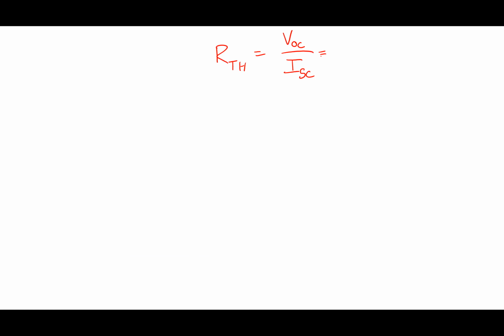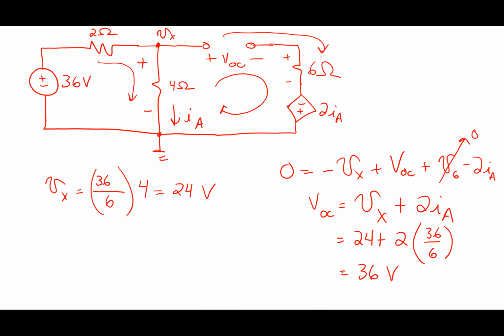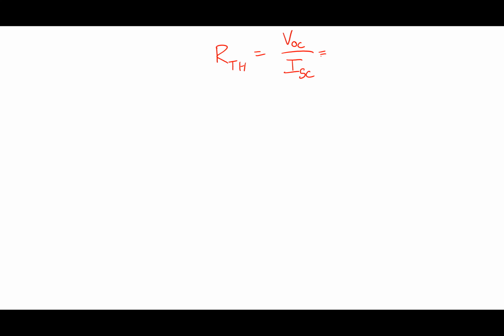So VOC was, I don't even remember anymore. 36 volts, okay. And my I short circuit was 4.5 amps. That's probably a nice number. I think it's. Oh boy.